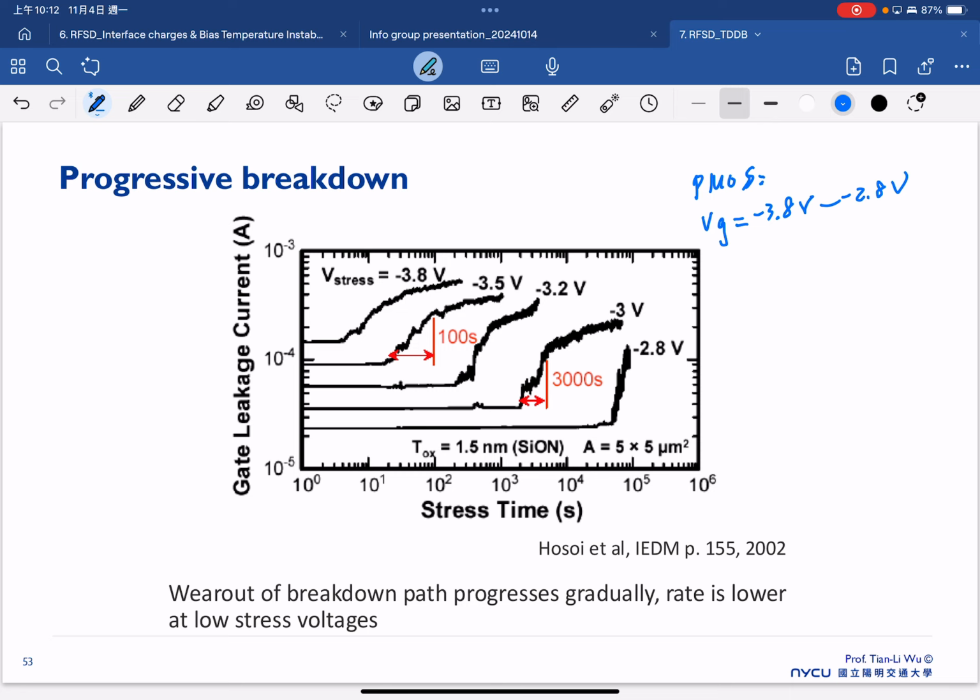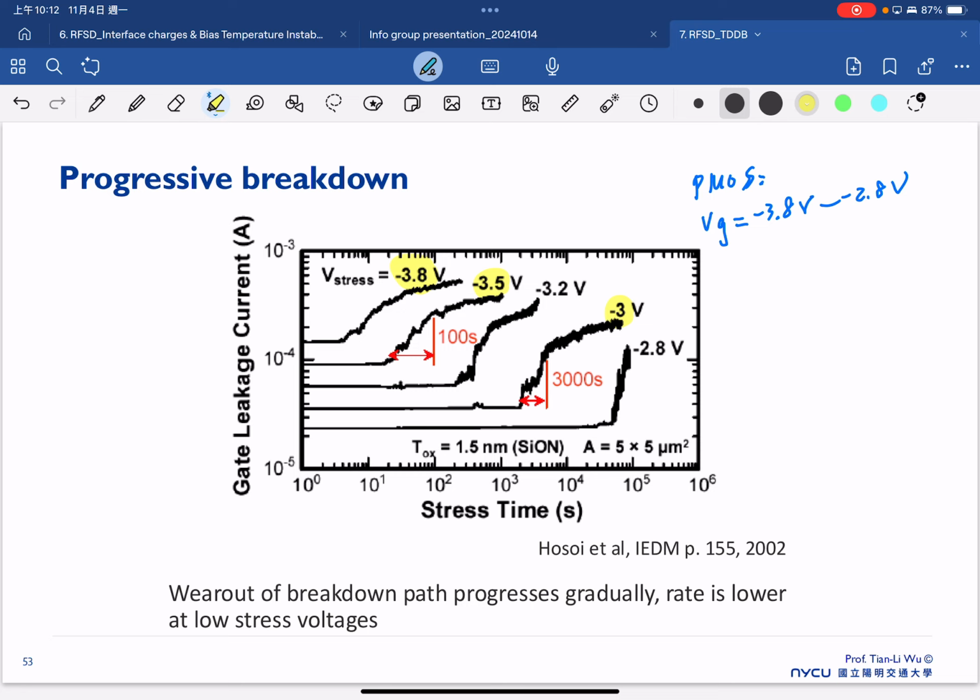Let's look at the experimental result again. This is a different bias: minus 3.8, minus 3.5, and this is minus 3. Now we can see, for example, if we lower our gate voltage, this is a PMOS, so less negative is a lower gate voltage.